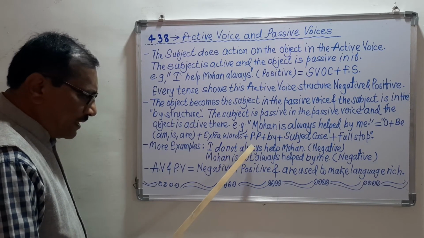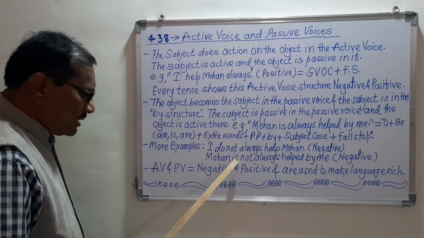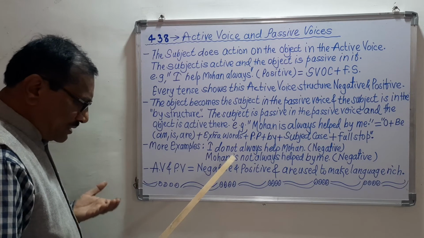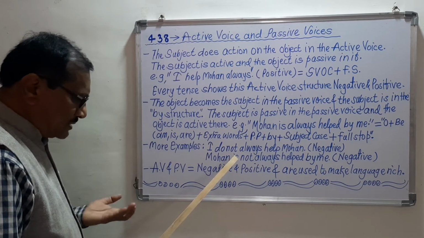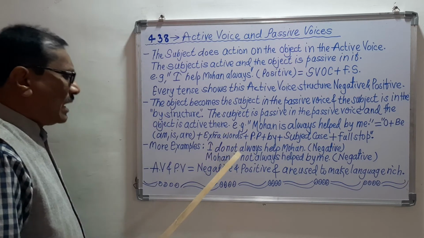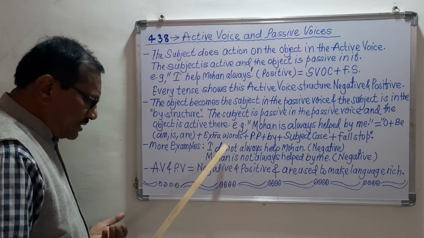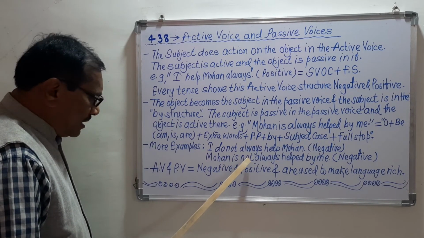Then this is the negative sentence of the simple present tense. So I have taken the be verb here, which is "am, is, are", and then "do not" is here, so it is negative, and that's why here I have taken "not".